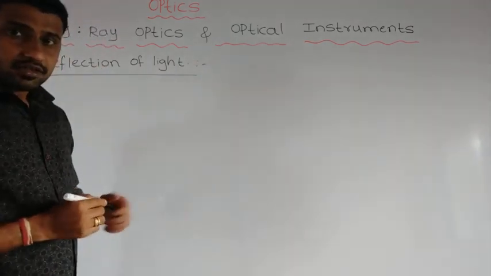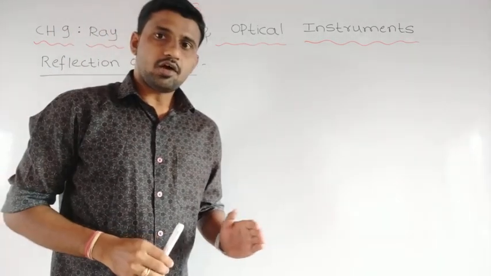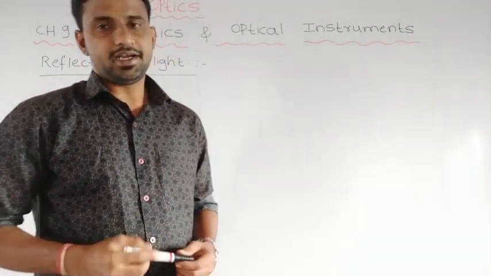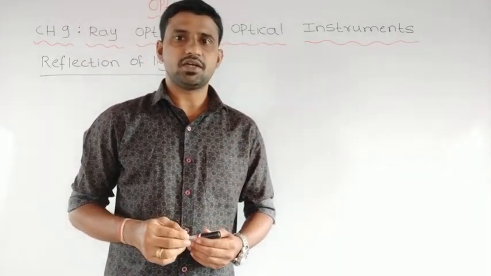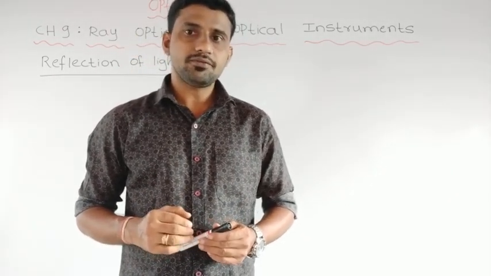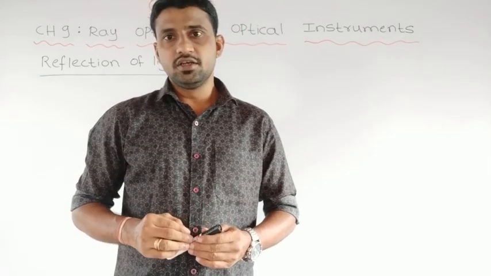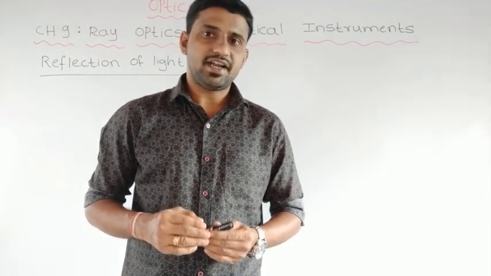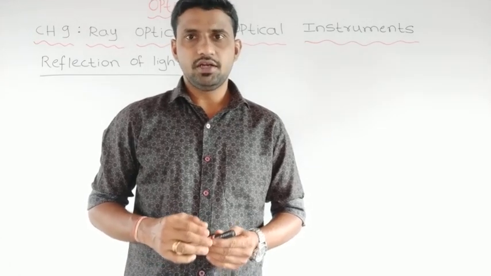The reflection of light we will observe commonly in our day-to-day life. Then what do you mean by reflection of light? So reflection of light is nothing but when a light is incident on a surface, then part of the light is turned back to the same medium. Then that type of phenomenon of light is called reflection of light.